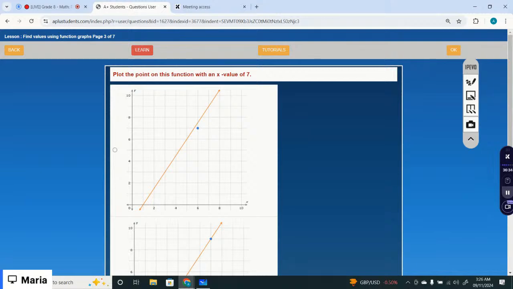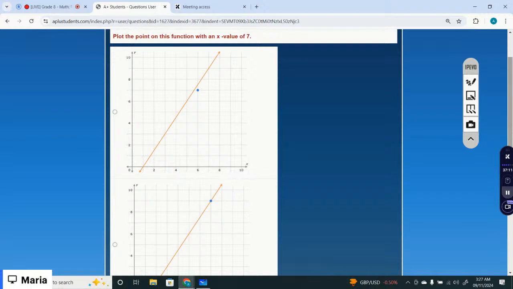Plot the point on this function with an x value of 7. X equals 7.